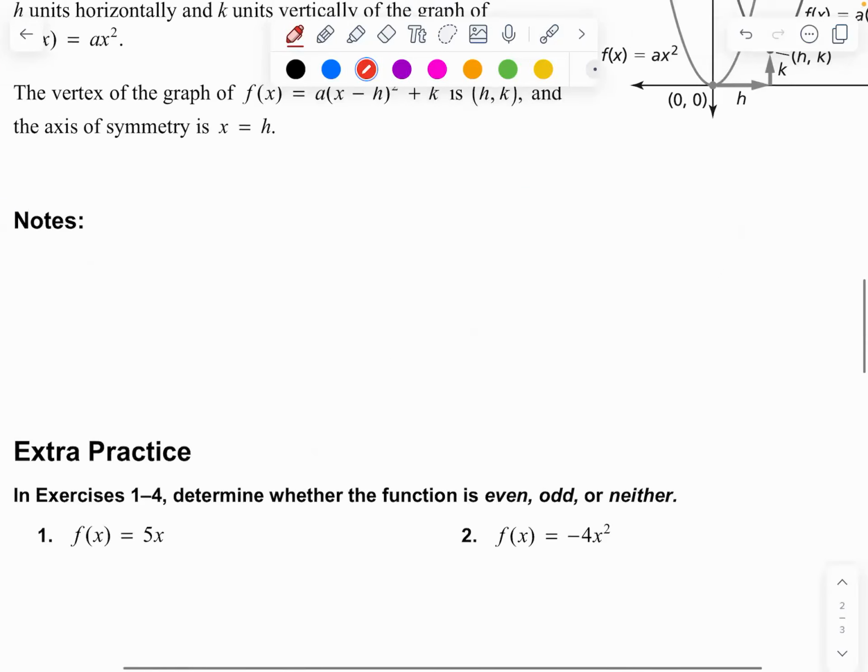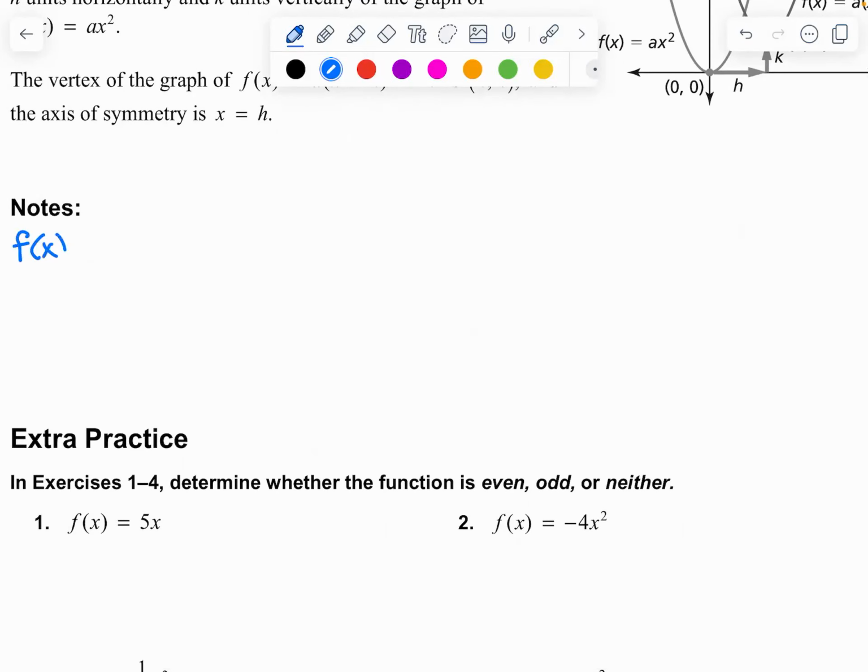So write this down with me in this little notes portion. f(x) = (x - 2)^2 + 3. Okay, so let's talk about what these things are doing. x minus 2.